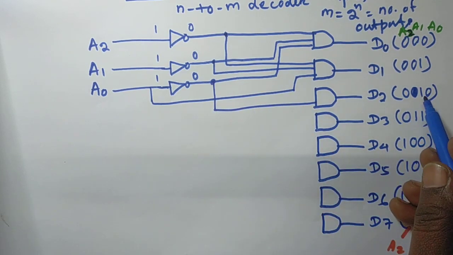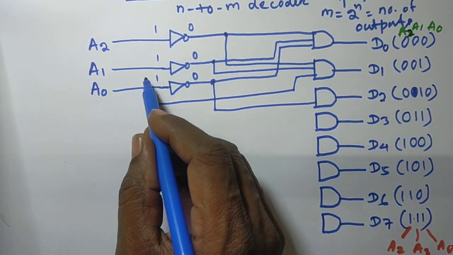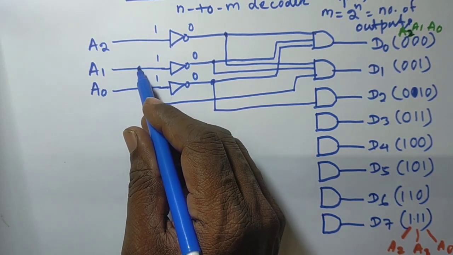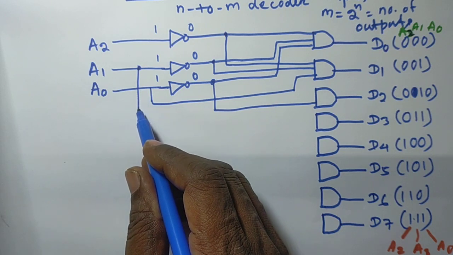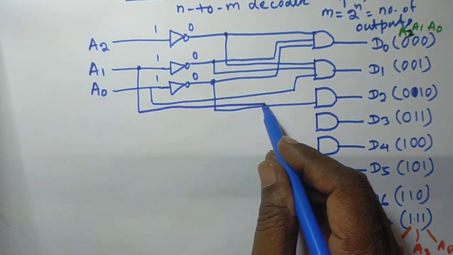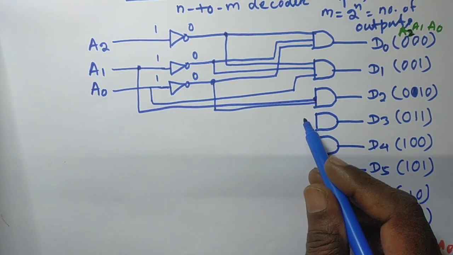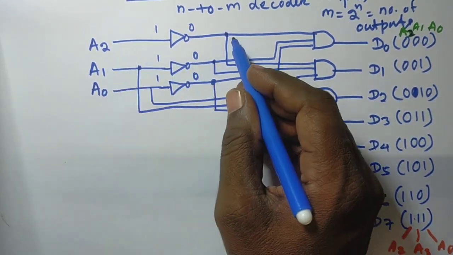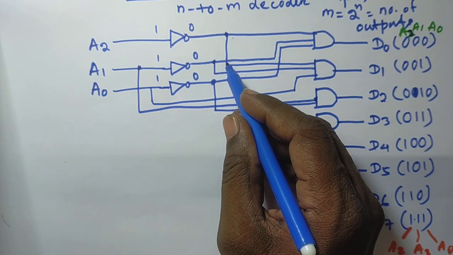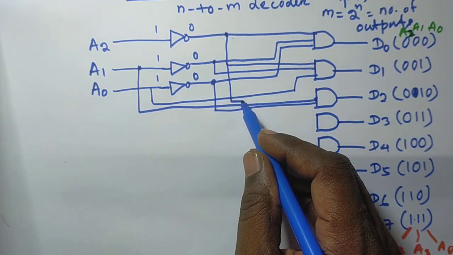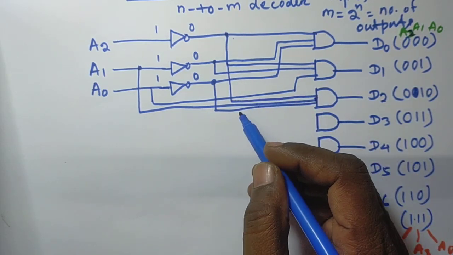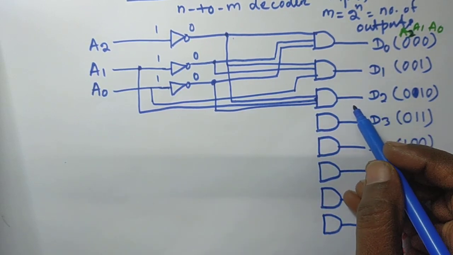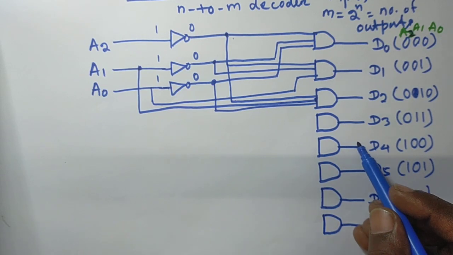Next, A1 is 1, so we connect in this manner. Next, A2 is 0, so it will come with 0. Like this we can connect all values.